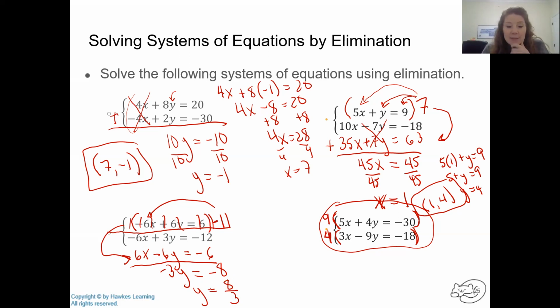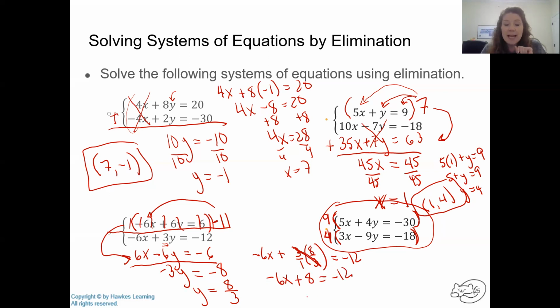And now I'm going to substitute 8/3 for y into this bottom equation down here. So I'm going to bring down my 6x plus 3 over 1 times 8 over 3, substitute for my y's, equals negative 12. Negative 6x, now my 3's go away, right? So 8 over 1, multiply straight across. 8 times 1 and 1 times 1. So 8 over 1 equals positive 8, equals negative 12.